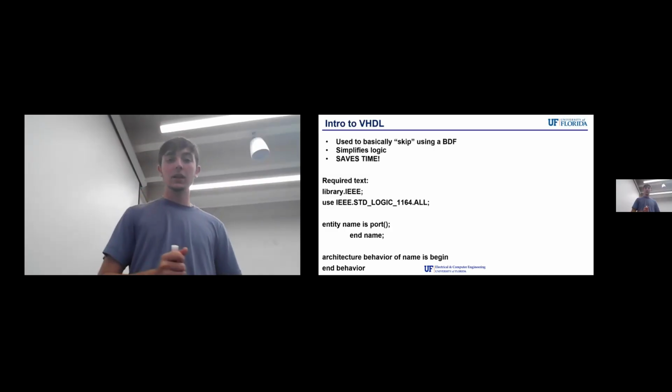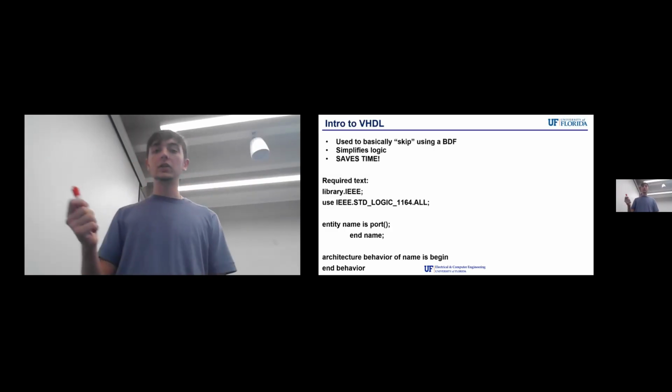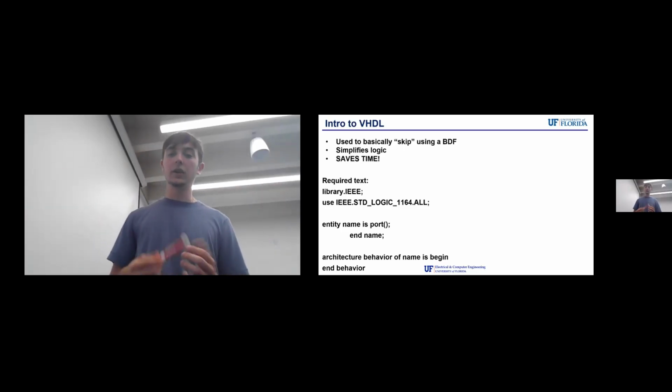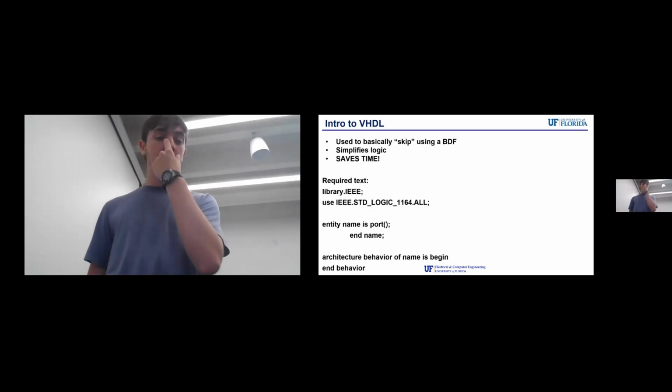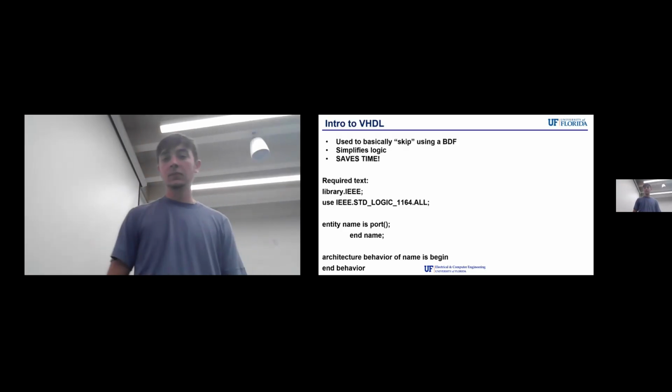VHDL simplifies logic for you, so we can just chug in a giant unsimplified equation and it's going to be able to simplify it. And we're not going to need to do any K-maps on our own or make any mistakes.